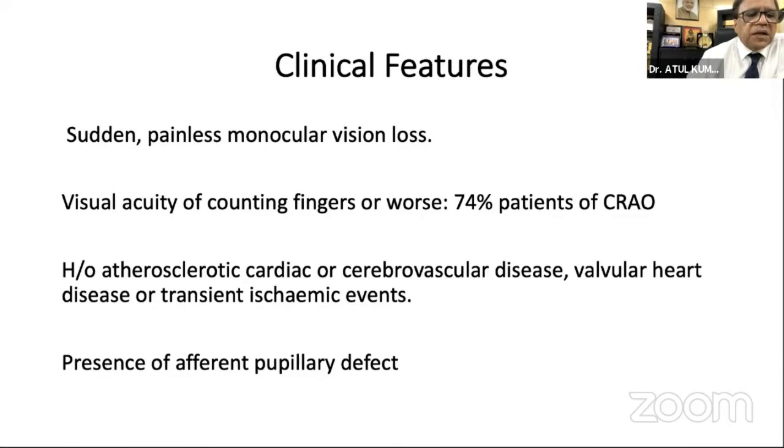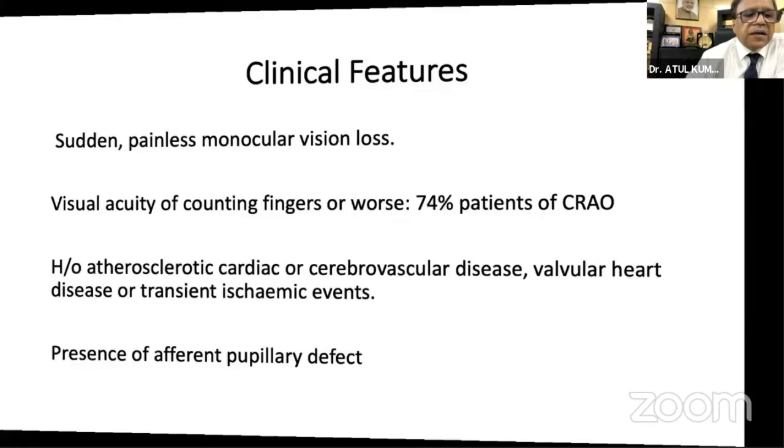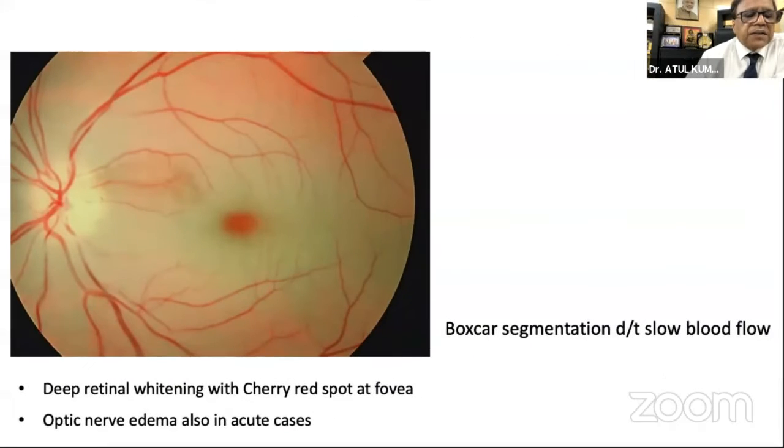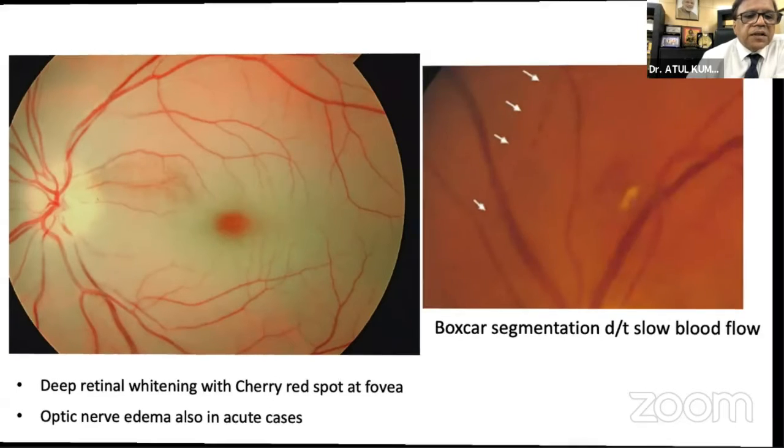The patient comes running to the hospital or the emergency or to his doctor, the ophthalmologist, and you can see a pale retina, which is actually deep white with a cherry red spot. Optic nerve edema is also seen in the boxcar segmentation.